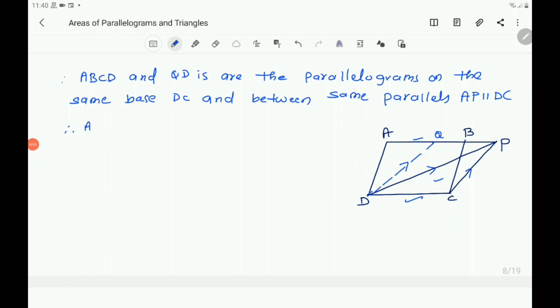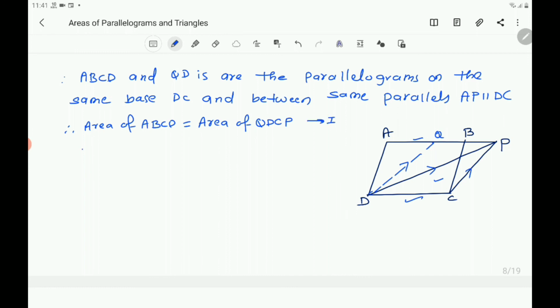Therefore, area of ABCD equals area of QDCP. Consider this as the first one.